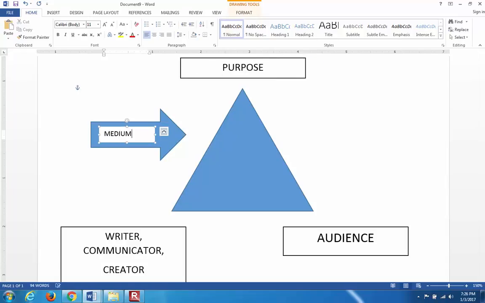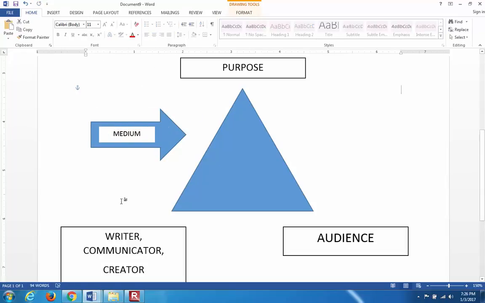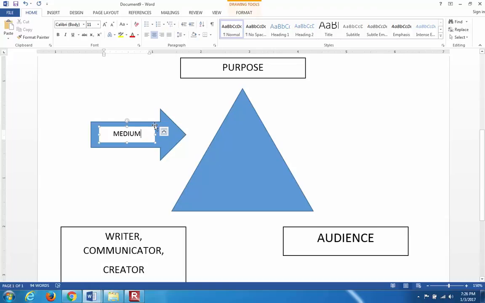Something else to add into the rhetorical situation that sometimes teachers will talk about is the medium. This could be an email or a conference call, a written document, even a physical document like a printed out memo versus an electronic document like an email.